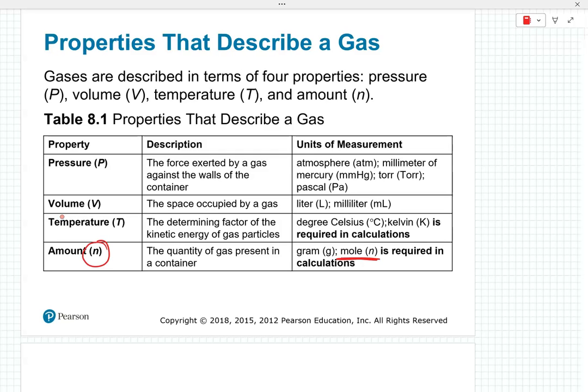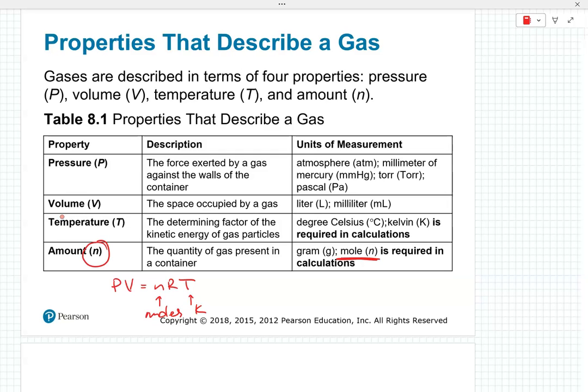Then, well, temperature. We do use Celsius, but in our calculations, if you see a formula, I'm going to actually put it down. So temperature, that's Kelvin, right? If we use that formula to calculate anything, it's got to be Kelvin, not Celsius, ever.